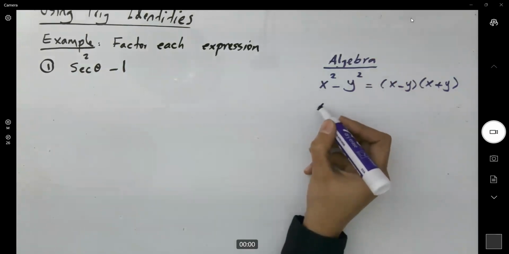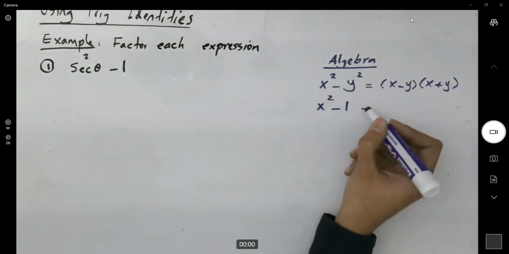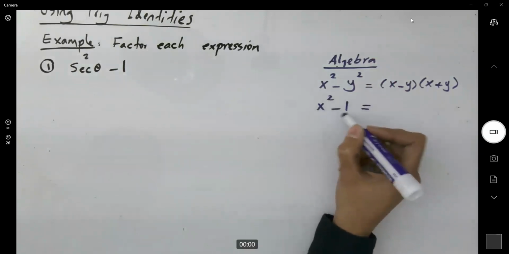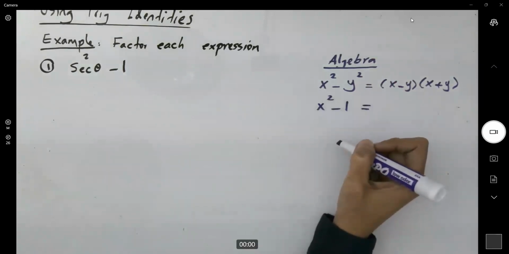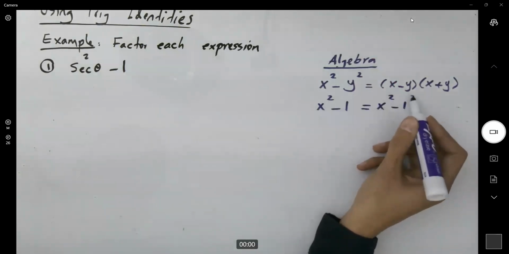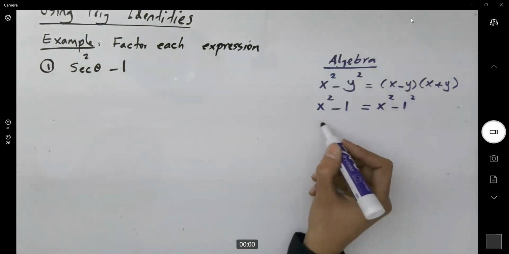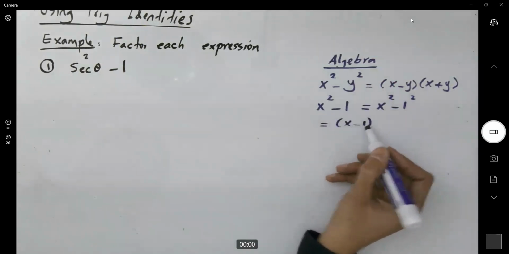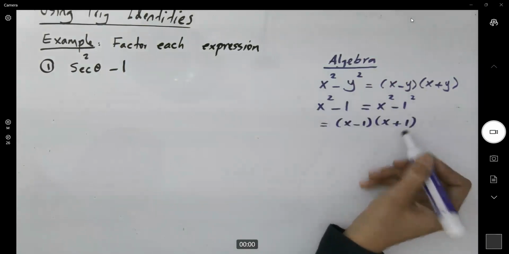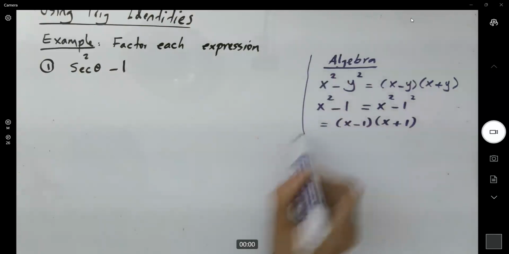Also, we learned that if you have x squared minus 1, this can be written as x squared minus 1 squared, since 1 times 1 is always 1. So this can be written as x minus 1 times x plus 1. What we learned from our algebra, right?